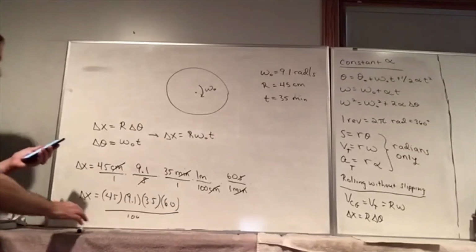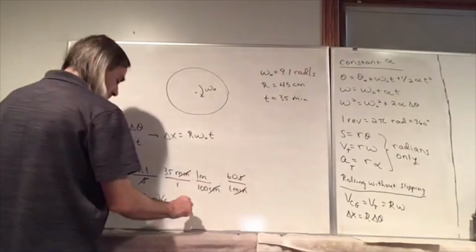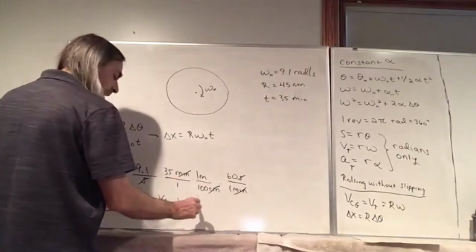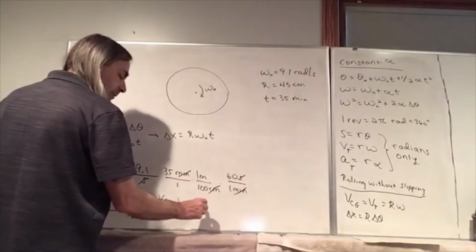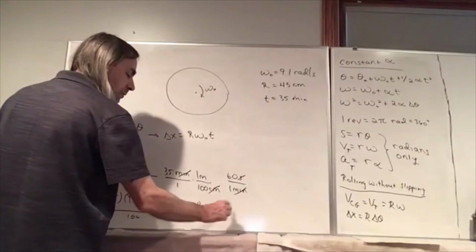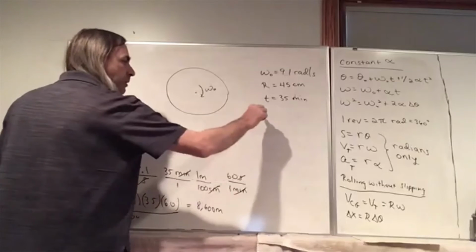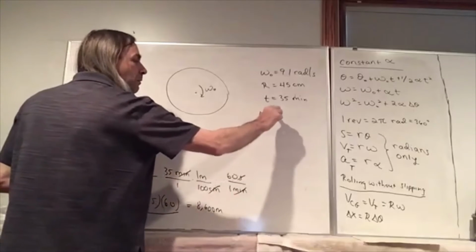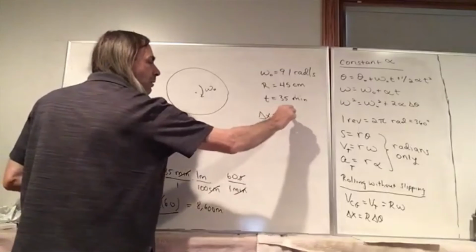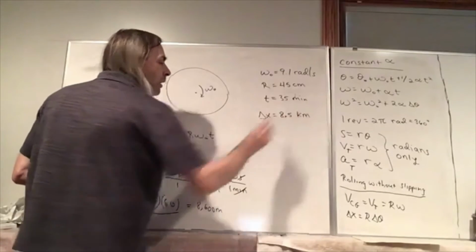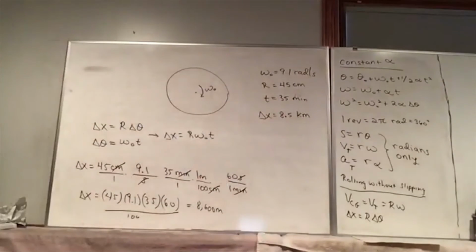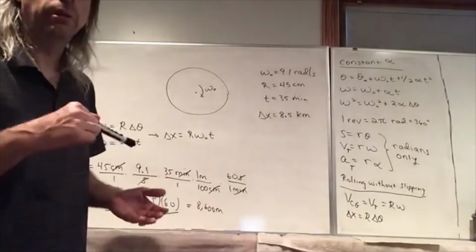Oh yeah. So this would be 8,600 meters. Or, here, let's just put it here. 8.5 kilometers. So that's fairly reasonable. Yeah, that's how far you would have gone on the bike if you were actually moving.